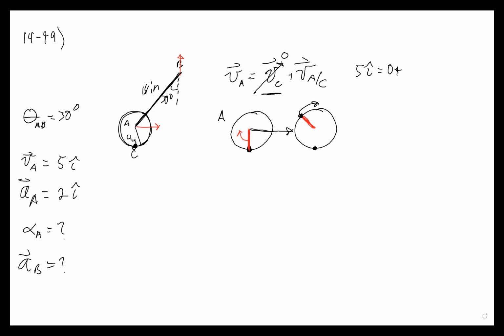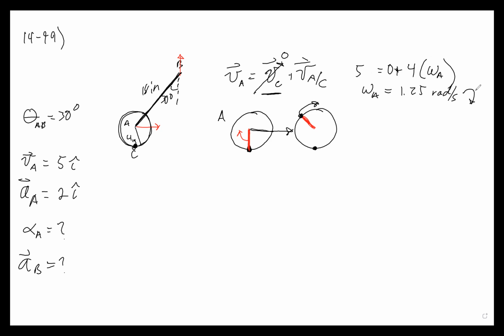We're going to write it as the lever arm times omega A, because the whole disk is A. All right, so that means that it will be 4 times omega A. Now we don't necessarily need this I hat, so let me just get rid of that to keep things a little more simple. Okay, so now that means that omega A is equal to 1.25 radians per second in the clockwise direction.